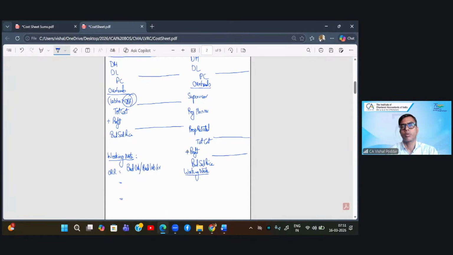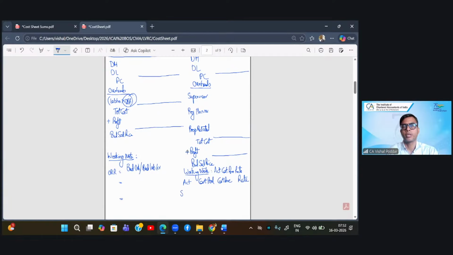It is the calculation of your activity cost driver rate, again, which is ORR under ABC. So first is activity, then cost pool, then cost driver, and then the rate. By simply dividing both of these, you'll get the rate.